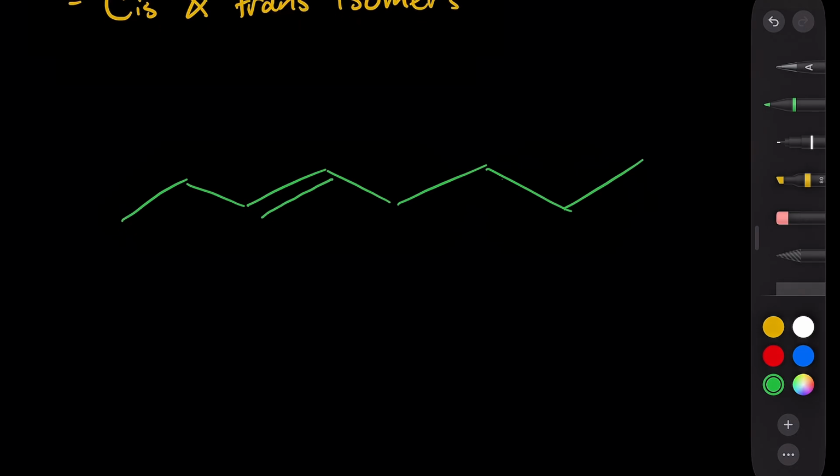I kind of think of this like a fence post. So if you have one rod of wood, let's change colors on that, and then you put another rod in between these two rods of wood, which is what we start out with.